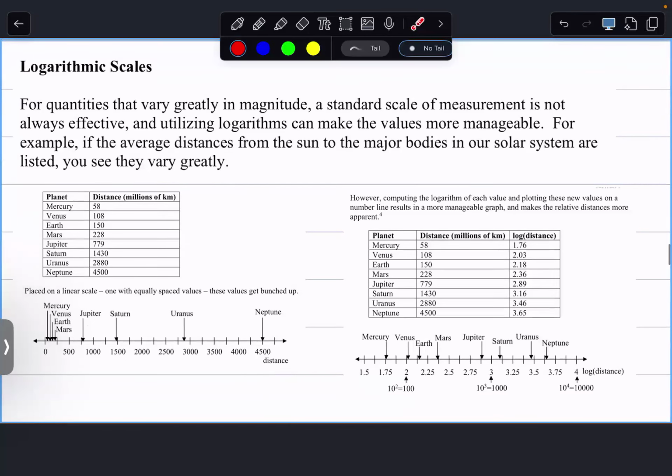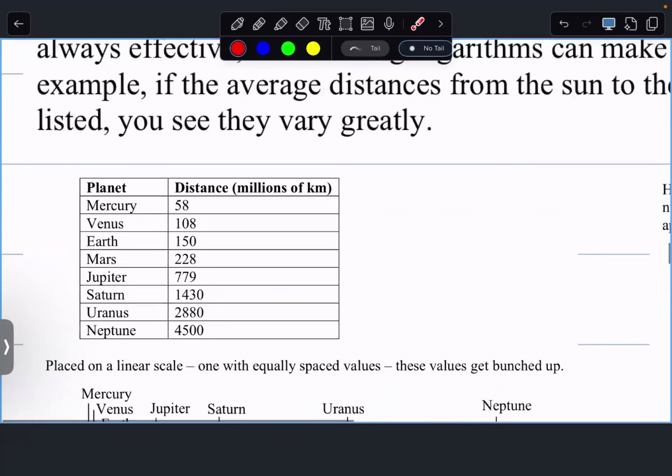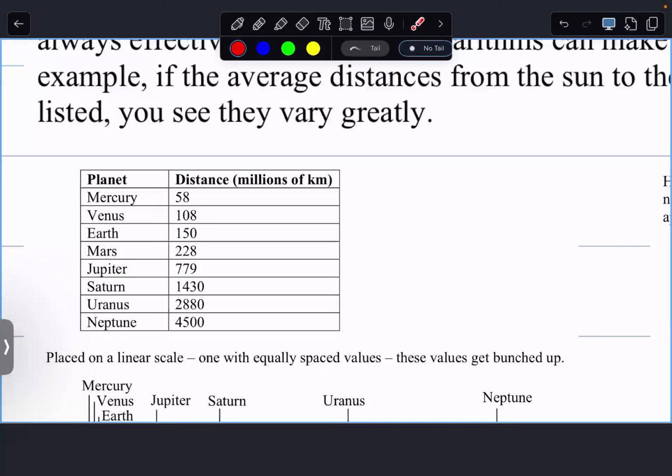For any values that vary greatly in magnitude, which is probably what you have in your measurements if you're using log scales, things like the distance in millions of kilometers, I guess from the sun. Does that make sense?